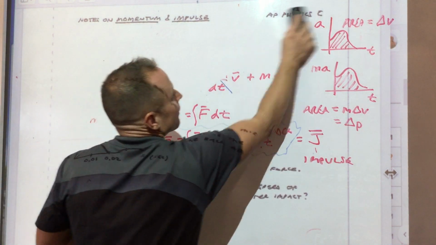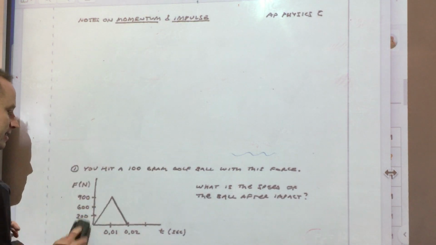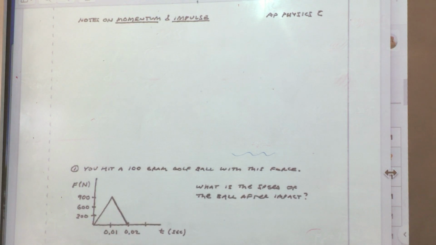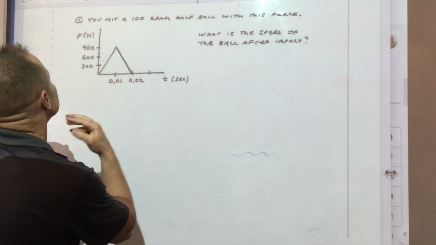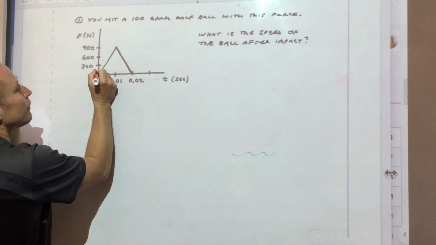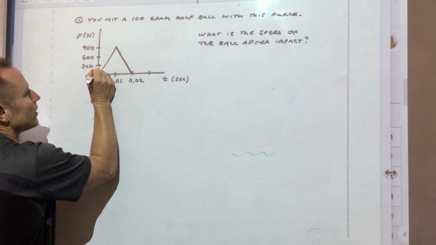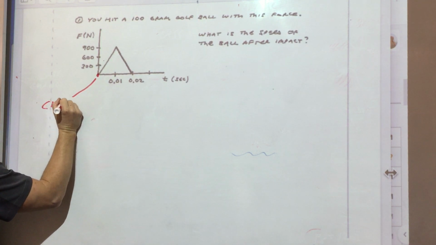So if we look at the little plot underneath, it says you hit a 100-gram golf ball with this force. Just to understand what's happening here: at time t equals 0, there's no force, and the force just starts to build. This is when the club makes contact with the ball.